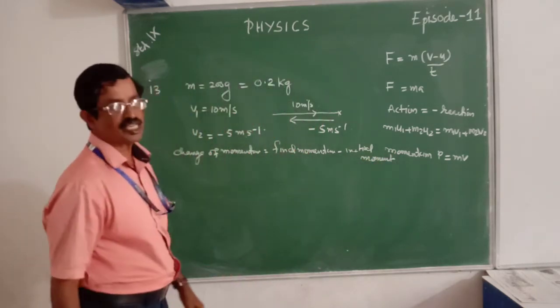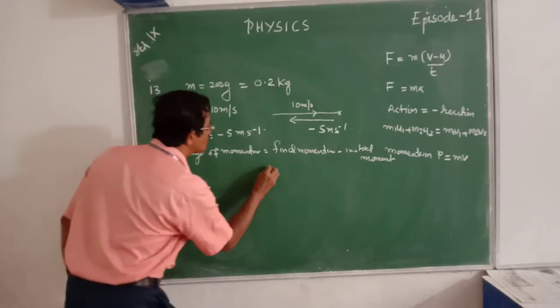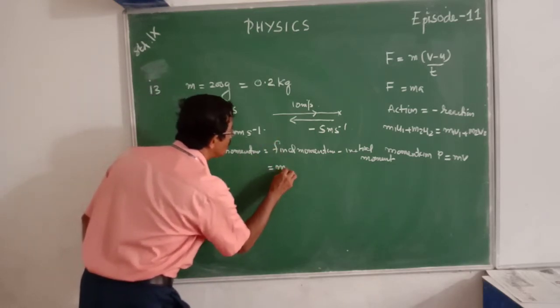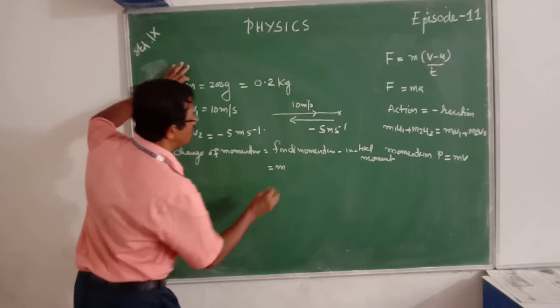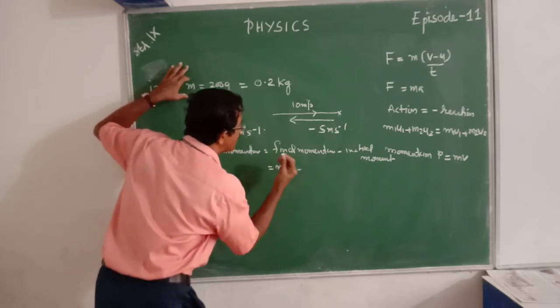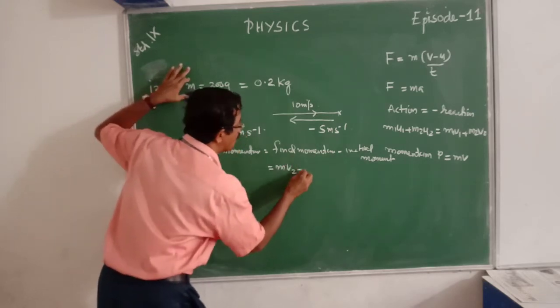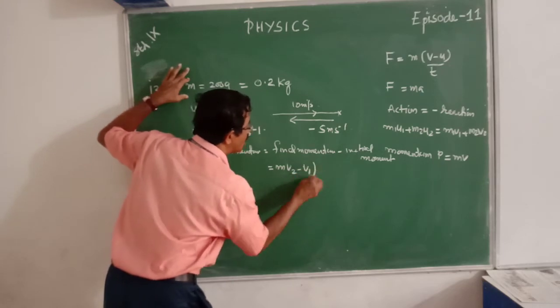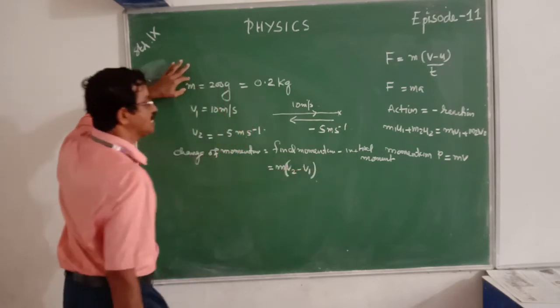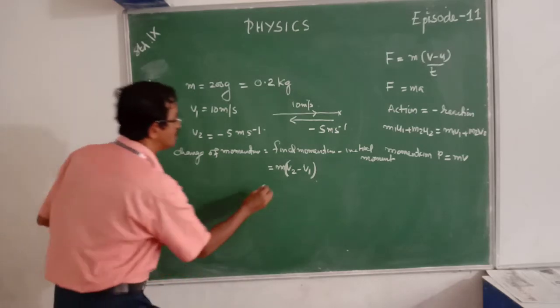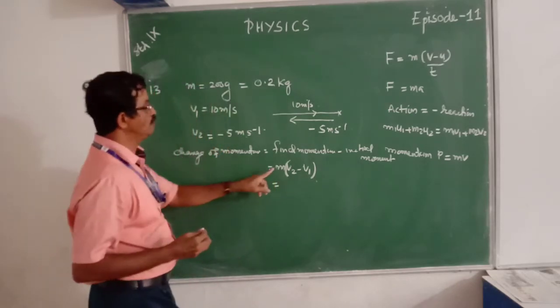Final momentum minus initial momentum, that is m into v2 minus m into v1, with mass common, so we can take it as m into v2 minus v1.